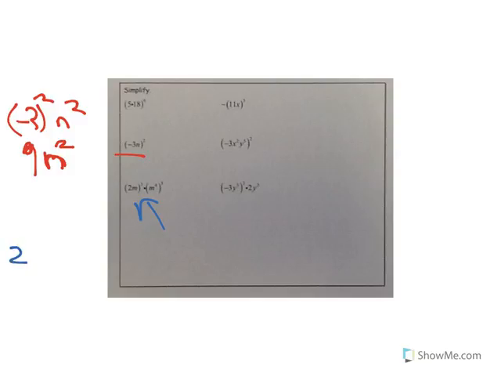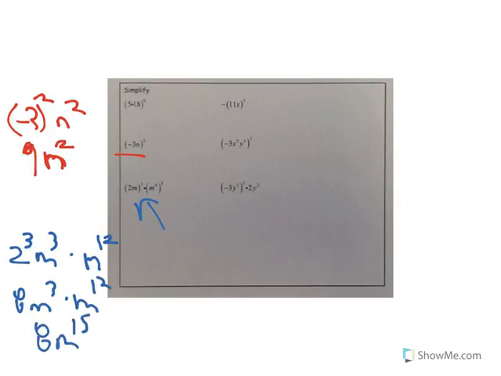This is going to be 2 to the 3rd power, m to the 3rd power, times m, and then we've got that 4m to the 4th power, and then that whole thing to the 3rd power. So that's going to be m to the 12th power. So we can then combine these. This is going to be 8m cubed times m to the 12th. And then it's going to combine to m to the 15th power.